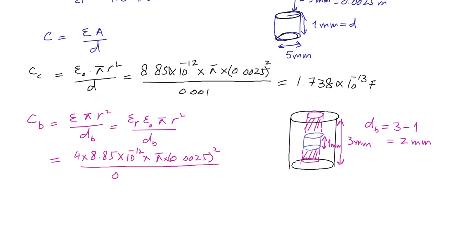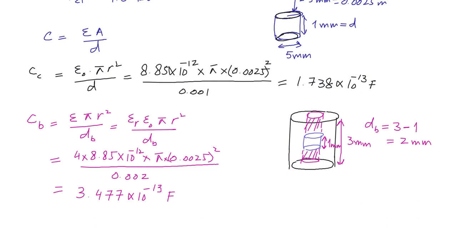So that will be 0.002 in meters. So after putting the values, we will get the value of CB as 3.477 into 10 raised to the power minus 13 farad.